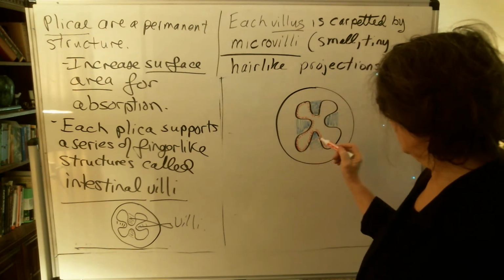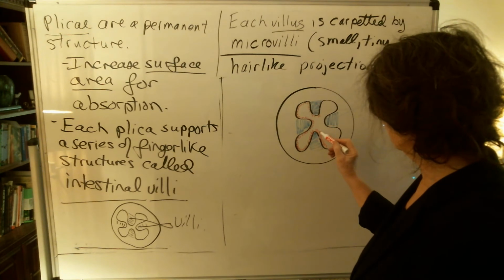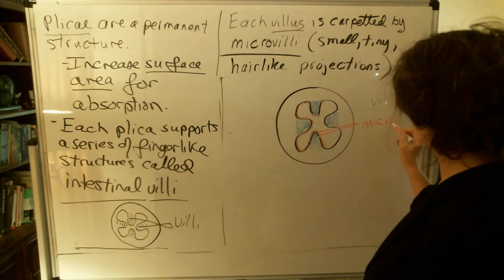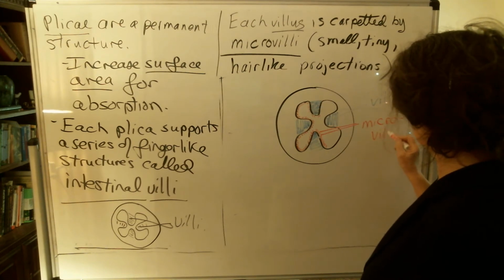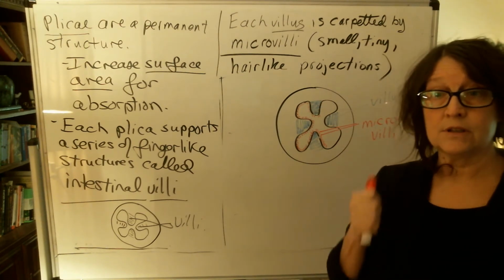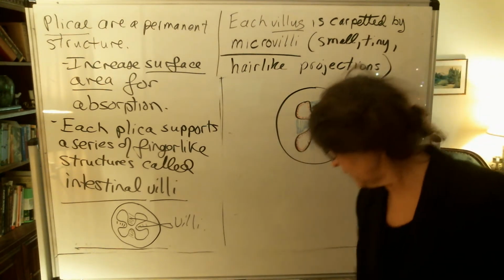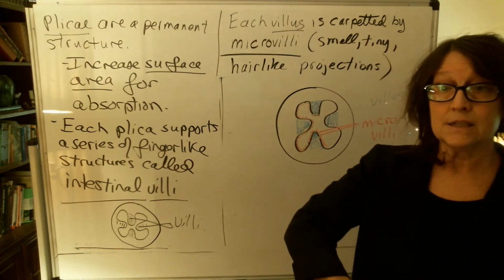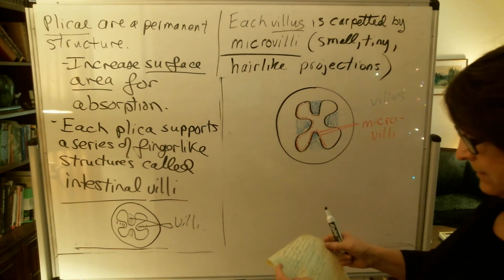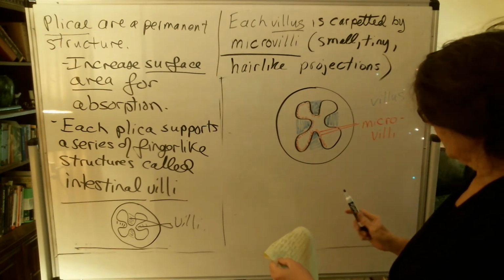These tiny hair-like projections then, these are your microvilli. And again, you can see how this is going to greatly increase the surface area inside your small intestine. Okay, so we have these microvilli then.